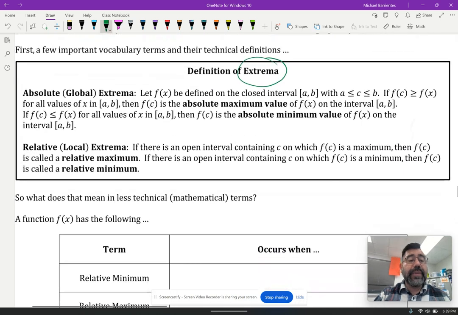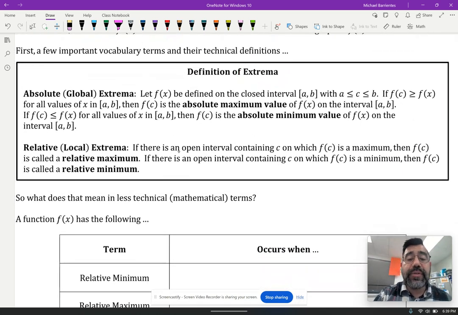When I talk about the absolute extrema, or absolute maximums and minimums, which technically the plural would be maxima and minima, or some people call them global extrema, we're talking about values that have to be the highest value of a function.